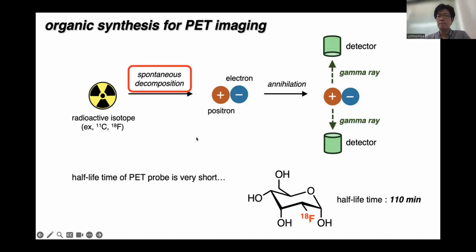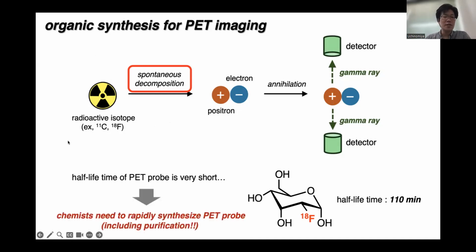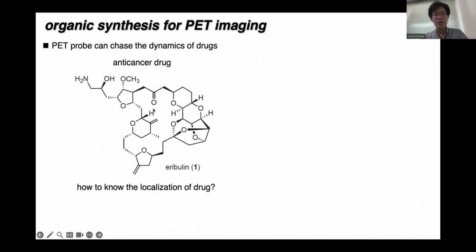So after several hours, we cannot use this compound as a probe, which means chemists need to rapidly synthesize a PET probe, including purification. I will show an example of rapid synthesis of a complicated probe by organic chemists.